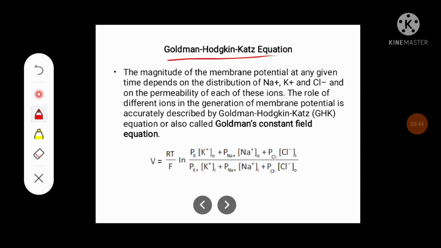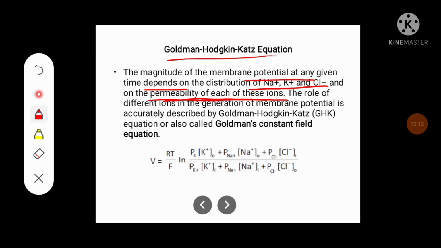The Goldman-Hodgkin-Katz equation gives the magnitude of membrane potential at any given time, based on the distribution of sodium, potassium and chloride, and on the permeability of each of these ions. The resting membrane potential mainly depends on the equilibrium potentials of sodium, potassium and chloride, and on the permeability of these ions across the cell membrane.